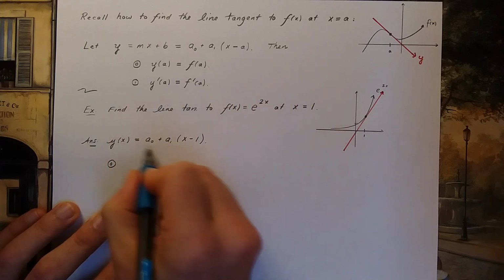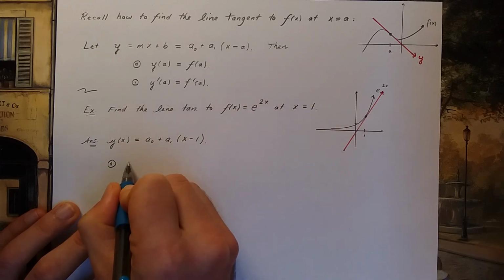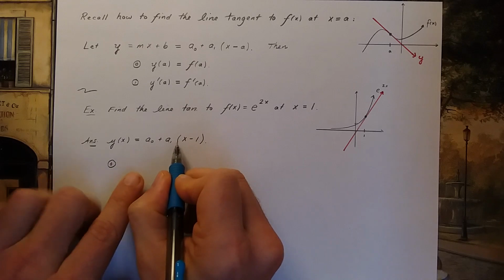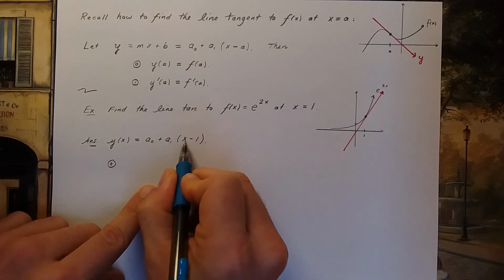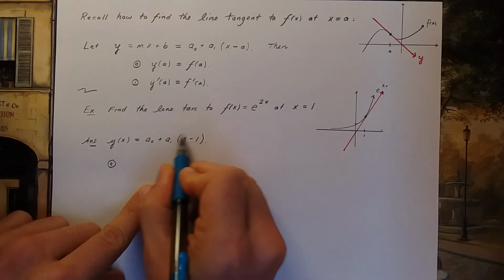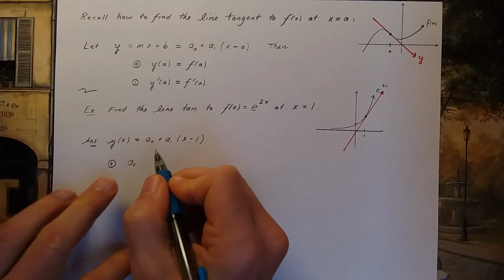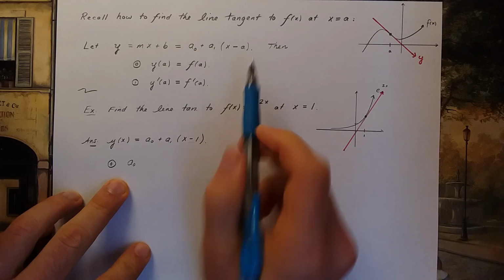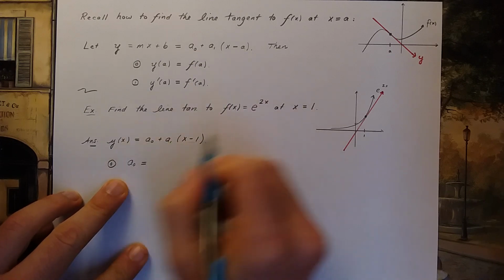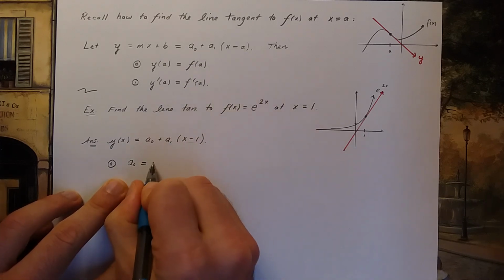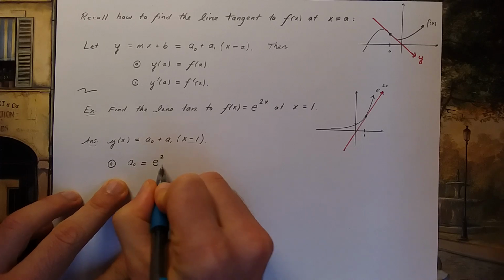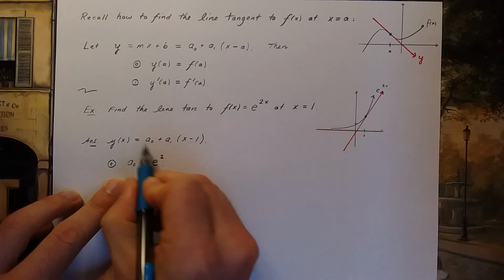So plugging in 1 to the line, notice x equals 1 makes this term 0. Plugging in 1 gives me just a0. That's why this form of the line is so nice. That should be the same as if I plug in 1 to this function, so e to the 2. Okay, so I know my first coefficient.